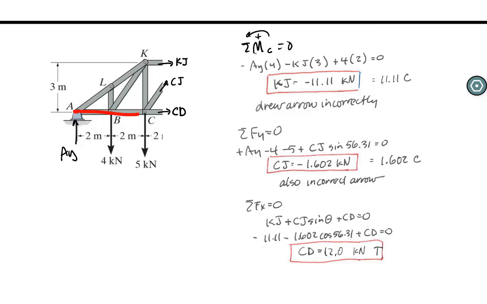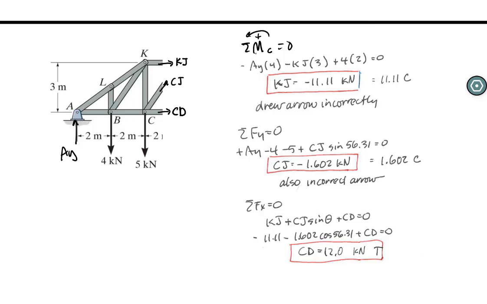AY has this lever arm going in this direction, KJ has this lever arm going in this direction, and 4 has this lever arm going in this direction. Then I can solve that for KJ. That's equal to negative 11.11, which means it's in compression. I did draw my arrow incorrectly there.